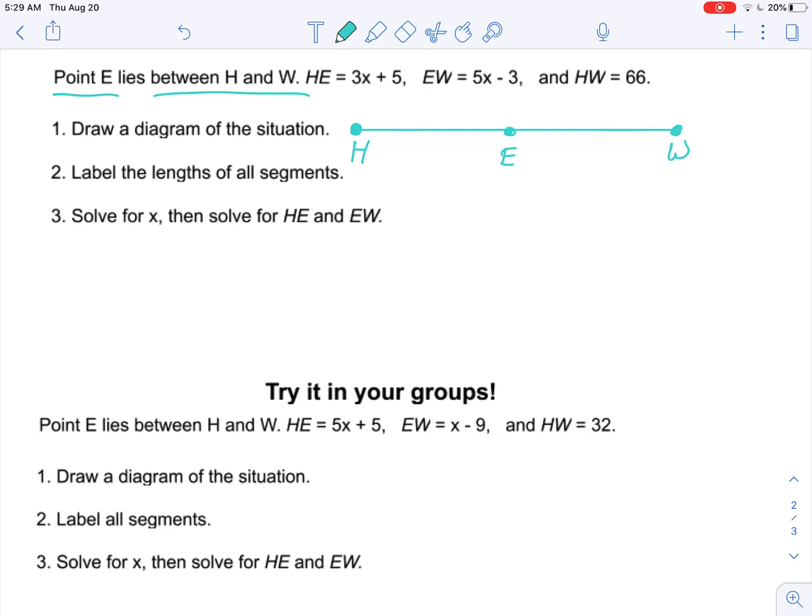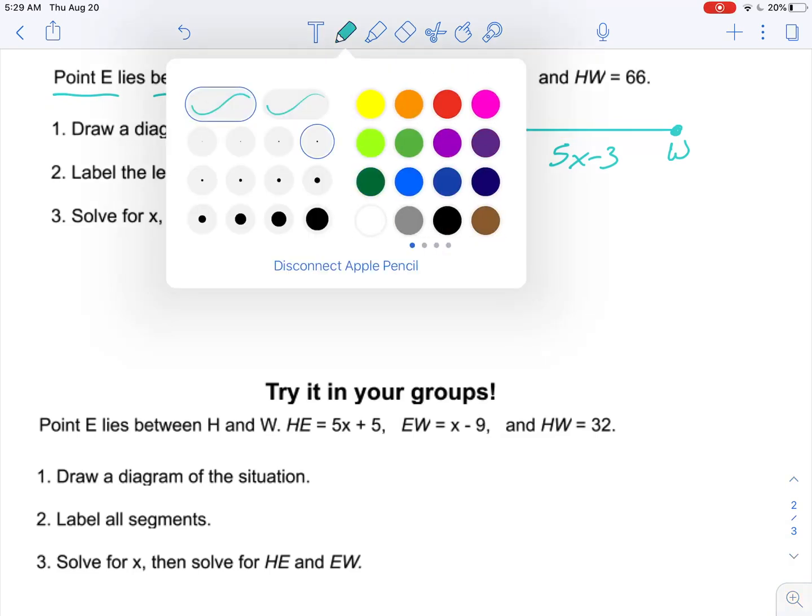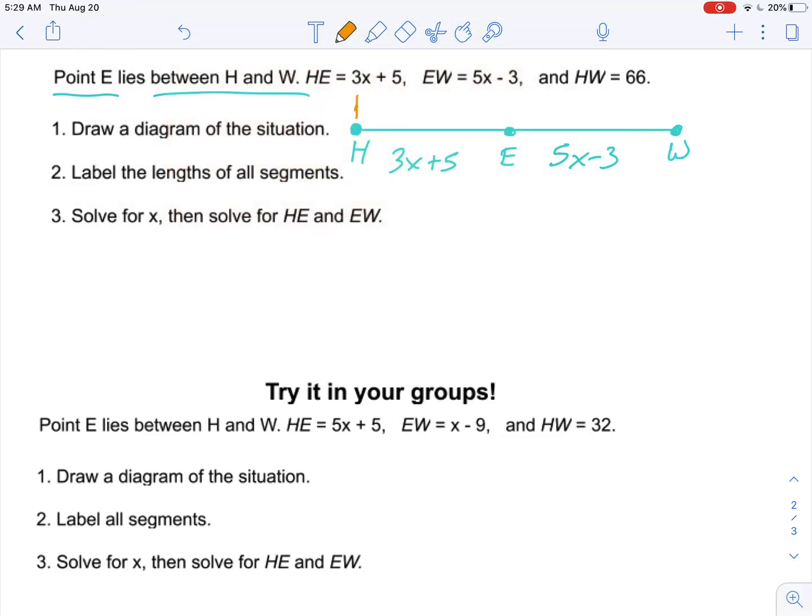And it says HE. So where's HE? HE is right here. HE is 3x plus 5. And EW is 5x minus 3. And then they tell us that the whole segment, HW, is 66.